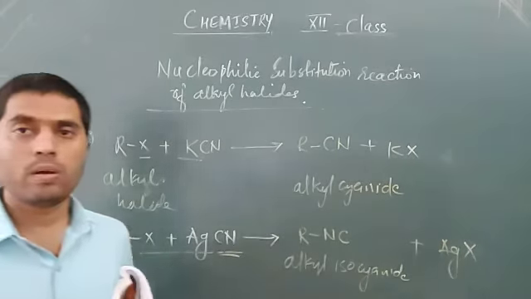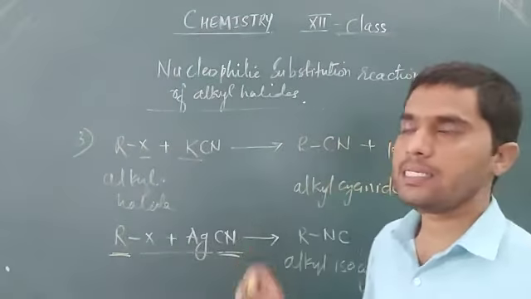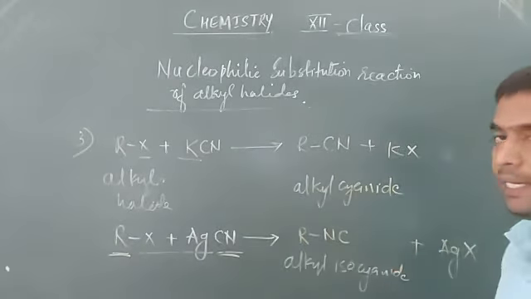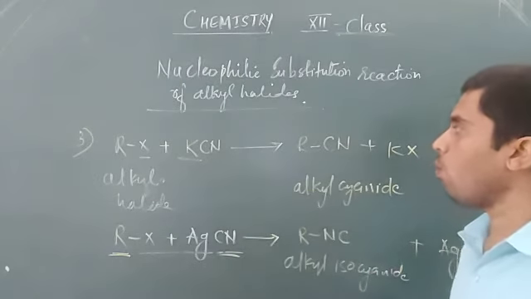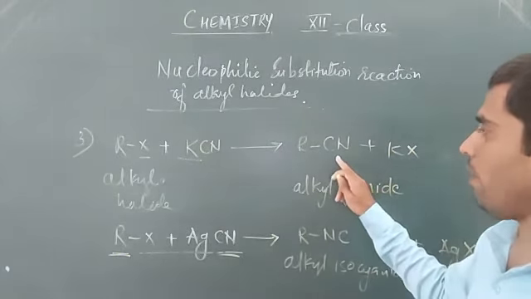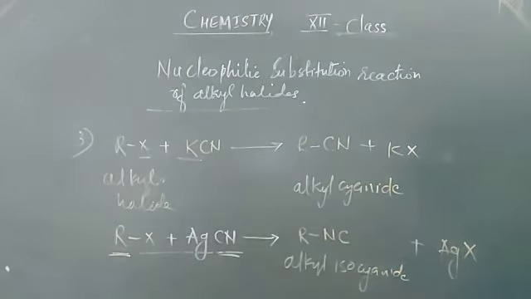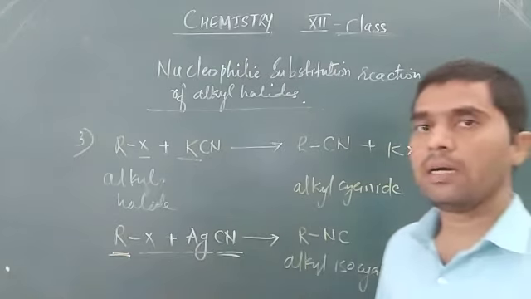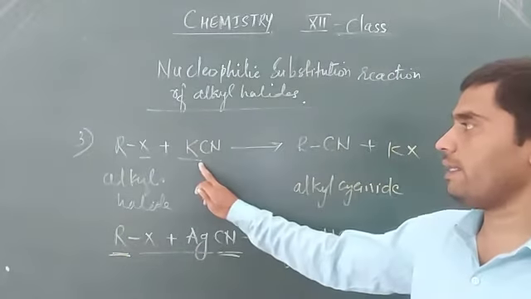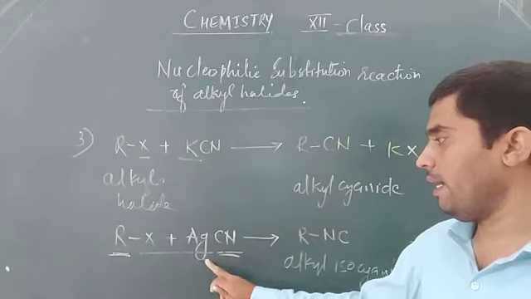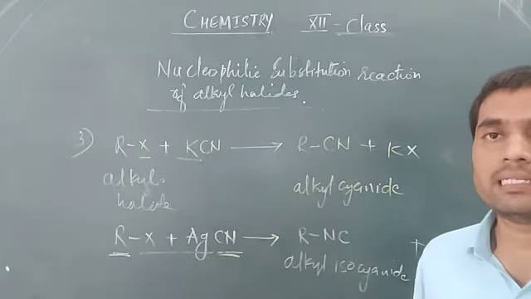Now, in both the reactions there is a nucleophile which is CN negative, but why is CN negative forming cyanide and isocyanide? Because of reactivity. Here in KCN reactivity and in silver cyanide reactivity is different.